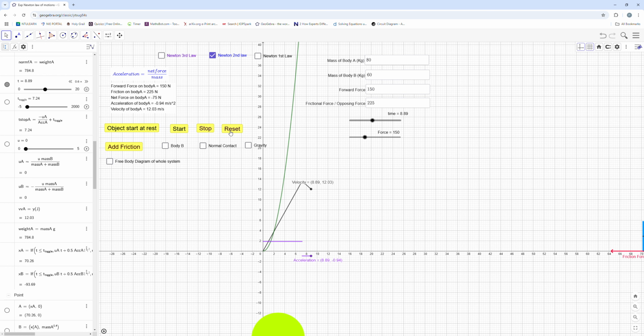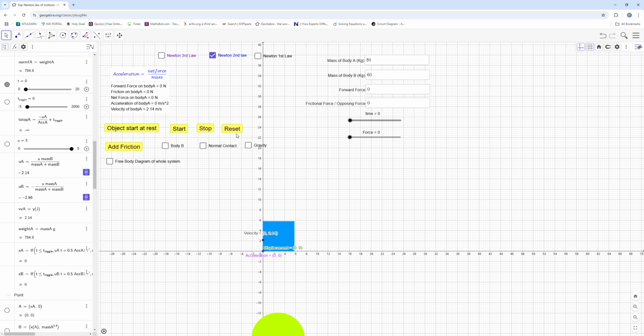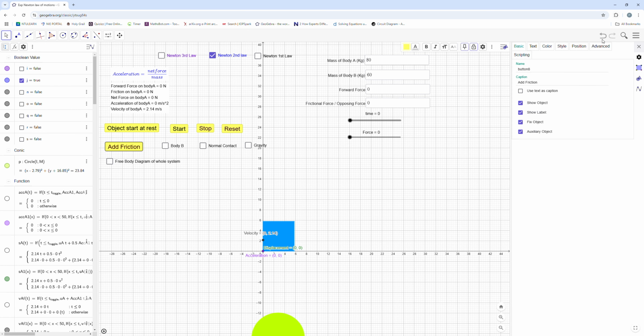So when you add friction, there's a script here. The script is over here if you are interested. What it means is that when the force is 0 and I add friction, it will add 40. If the force is more than 0, so let's say the force is 100, then the friction is 1.5 times the force.